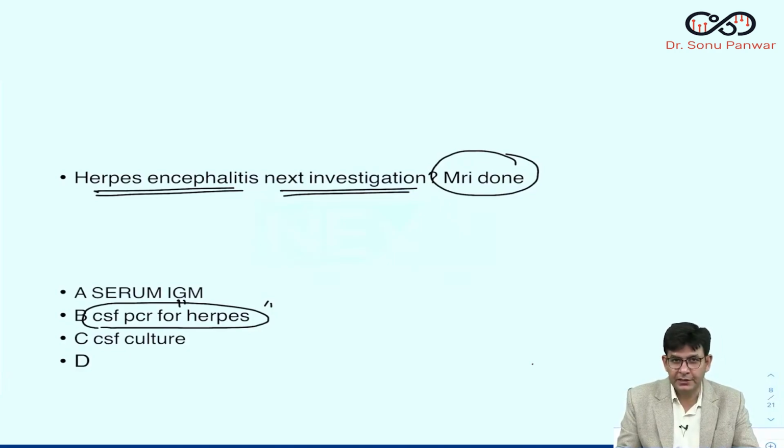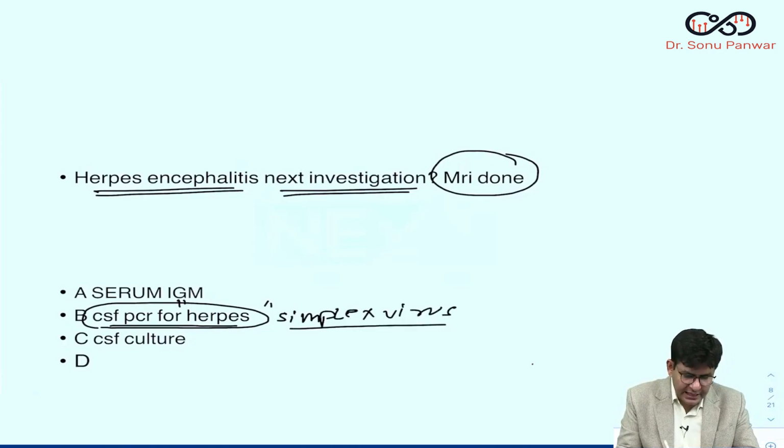That is also termed as Mollaret meningitis here. Fine. So this CSF PCR, you can go for the herpes simplex virus. Okay, this can diagnose it. The Tzanck smear was also there, but better than that, a rapid one will be this one. Okay, so the answer will be B here for the herpes encephalitis one, and you can add upon whatever you know, which options were there and what exactly the question was.